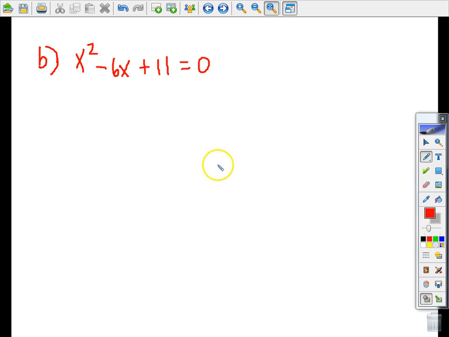All right, let's try this one. It's good to go. It's already in standard form, equal to 0. So maybe I can get a volunteer. Anybody want to take a shot at this one? Okay, Adam? So starting with b, it would be x equals the opposite of -6, which is 6, plus or minus the square root of -6 squared minus 4 times 1 times 11.